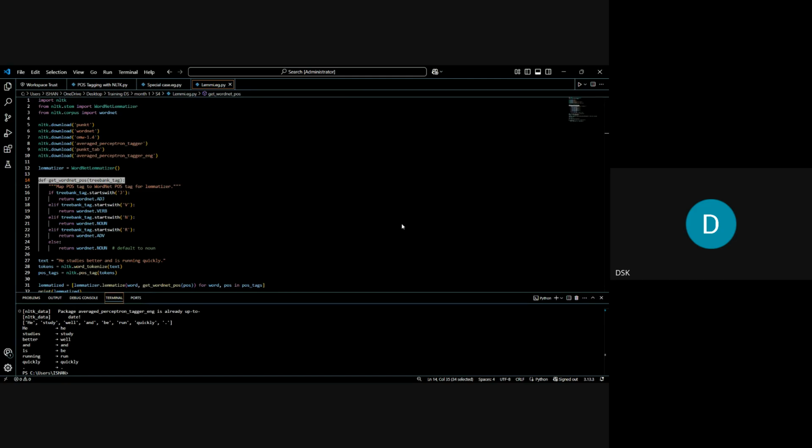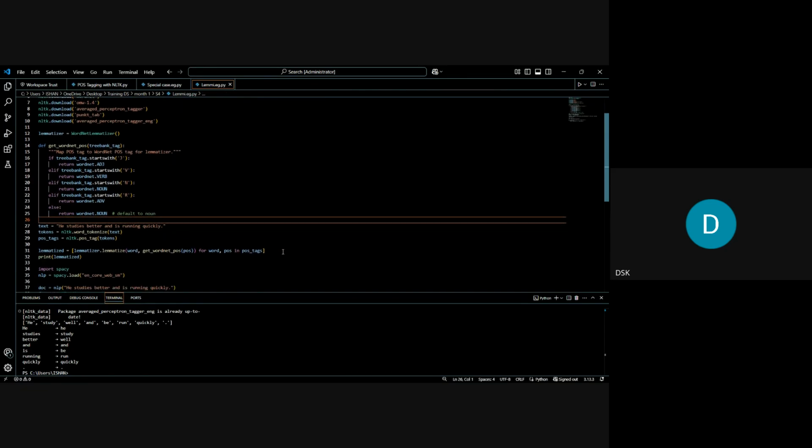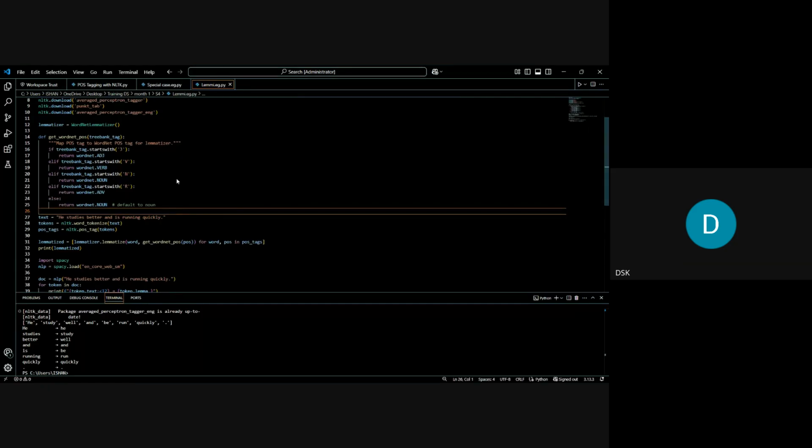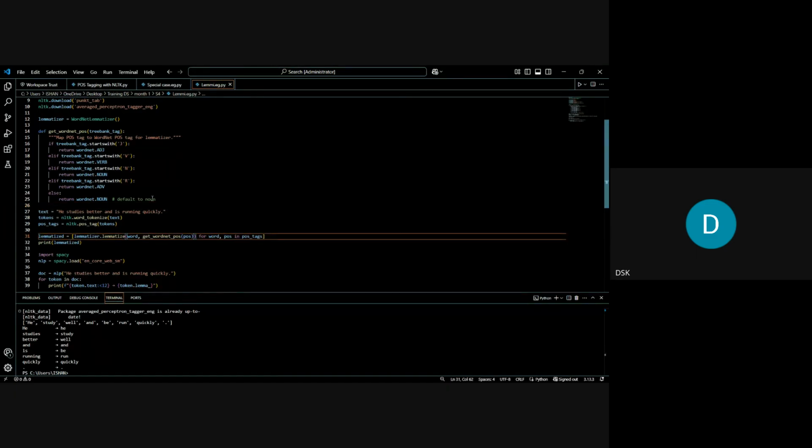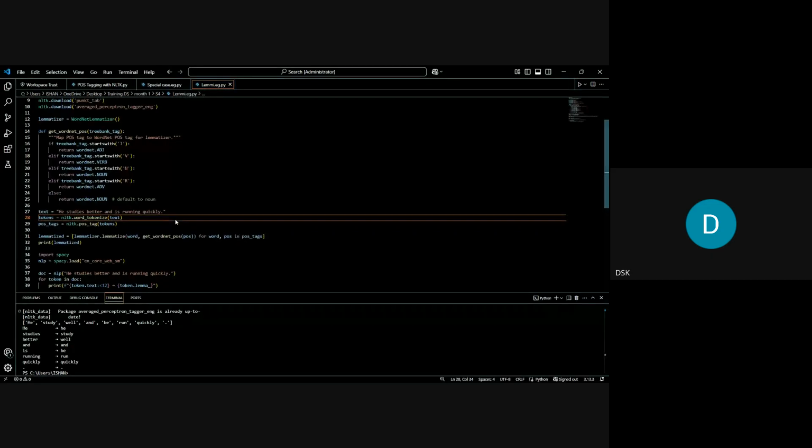You can see the tokens. J is for adjective, V is for verb, N is for noun, and R is for adverb, and default to noun.